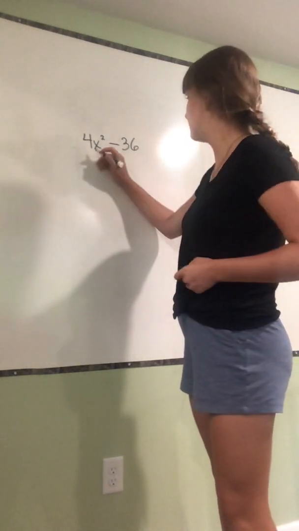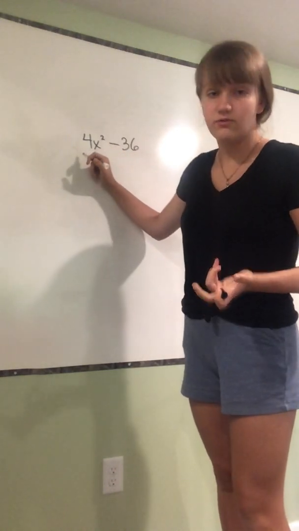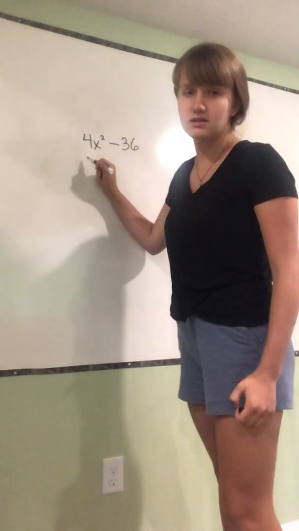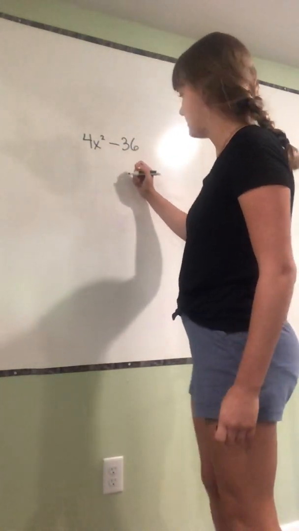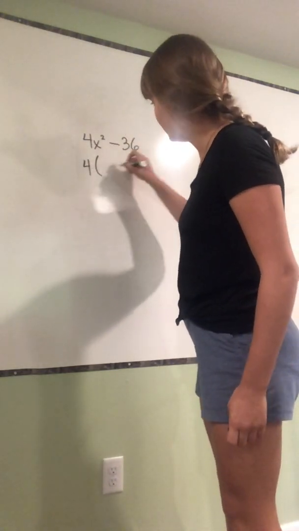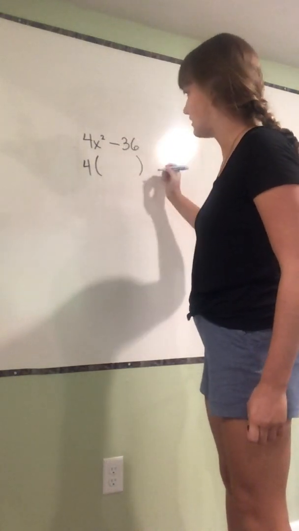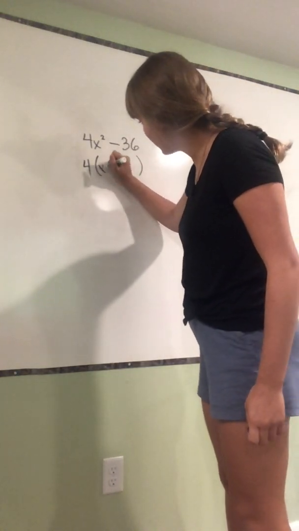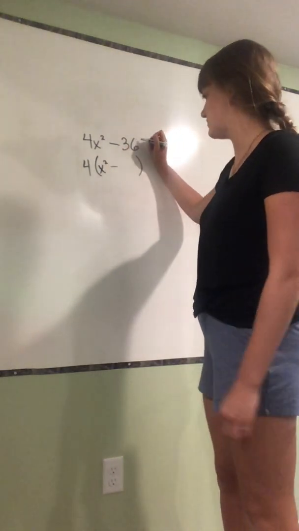If 2 goes into both of them, but in this case 4, like one of the actual numbers, can factor out. So doing that would give us 4 and then whatever we need to multiply back to get to here. So 4 times x squared minus 36 divided by 4 is 9.